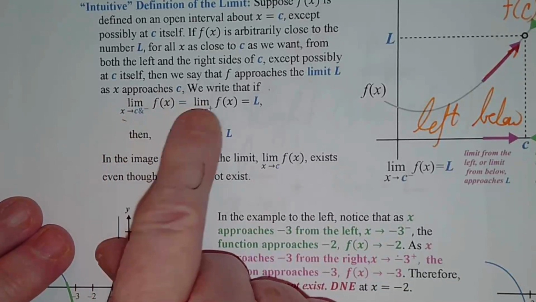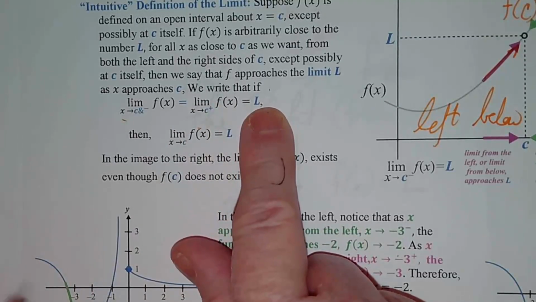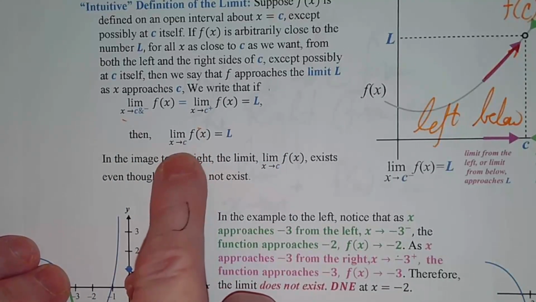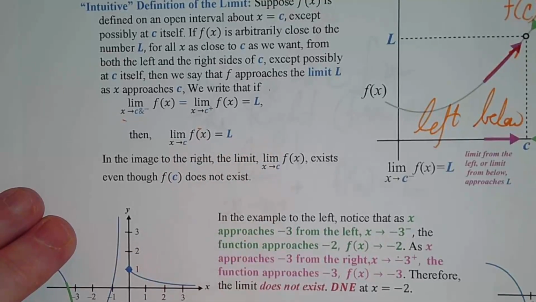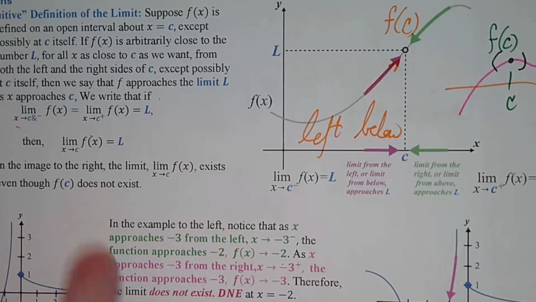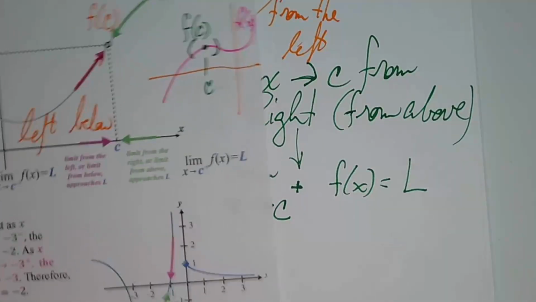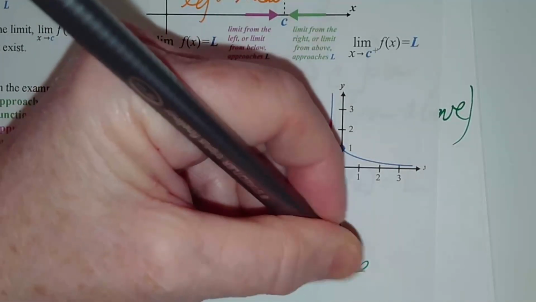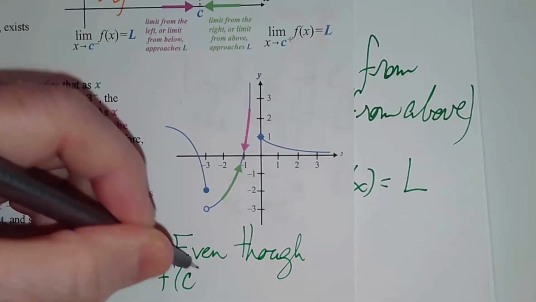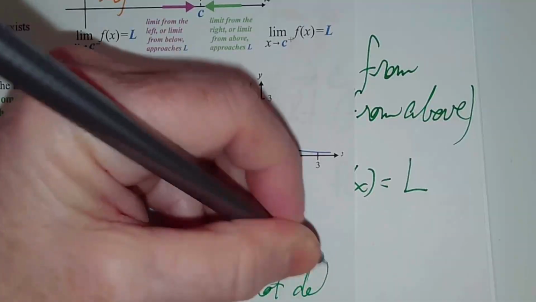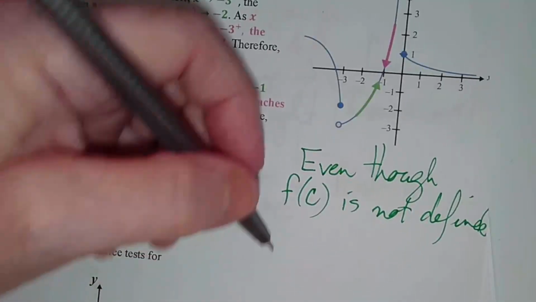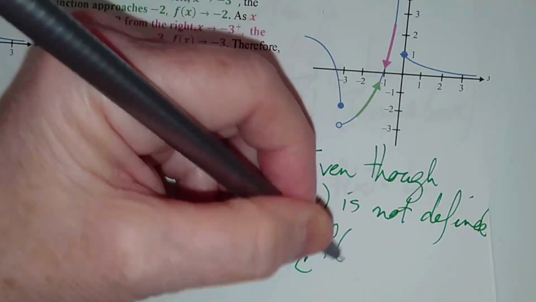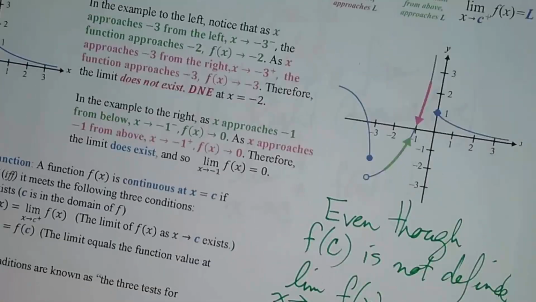If the limit from below equals the limit from above equals some number L, so we're thinking it's not infinite, then the limit as x approaches c with no little plus or minus of f of x is equal to L. So even though f of c is not defined, the limit as x approaches c with no plus or minus of f of x is defined and equals the number L.